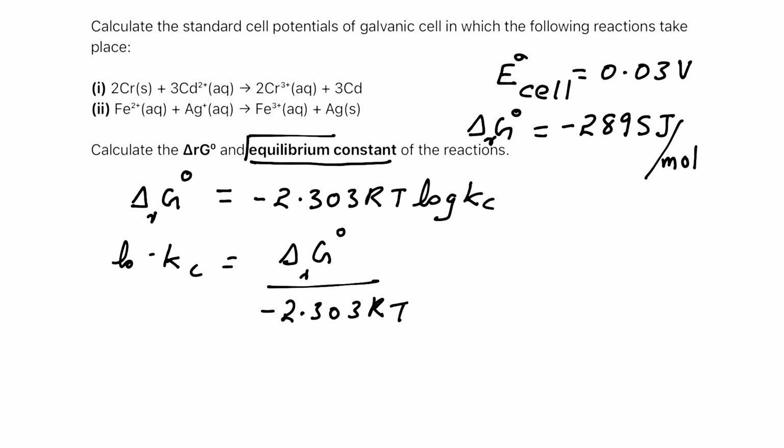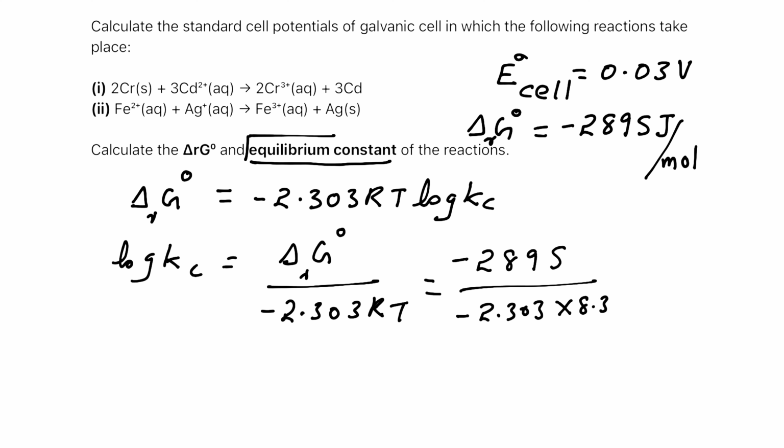Now, what is delta G value? Minus 2895. Take joule value. Don't take kilojoule value, because we are dealing with SI unit. By minus 2.303 into R, which is 8.314. As it is standard temperature, it is 298.